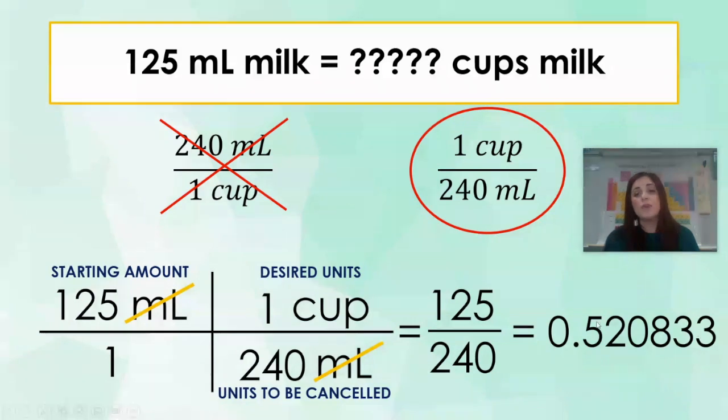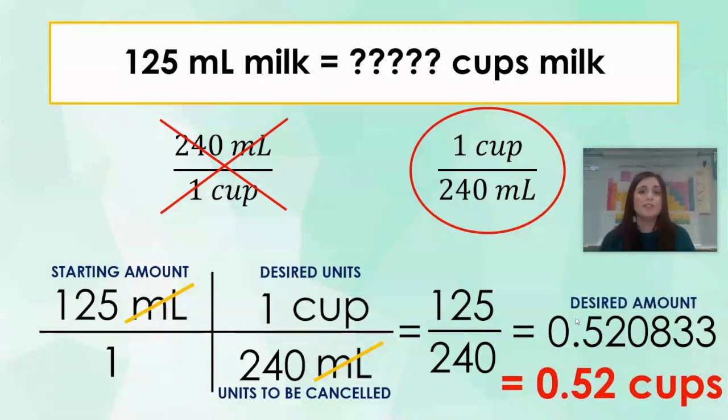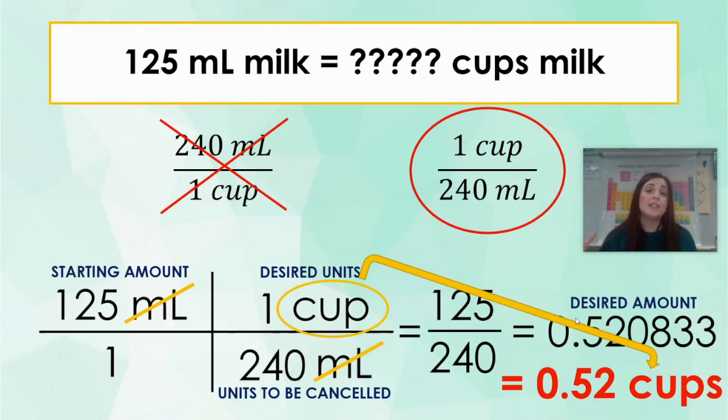So we want to round this answer so it has 2 significant figures. Therefore, my final answer is 0.52 cups. The unit that my answer is, of course, is going to be whatever unit was left over at the top, since that was our desired unit.